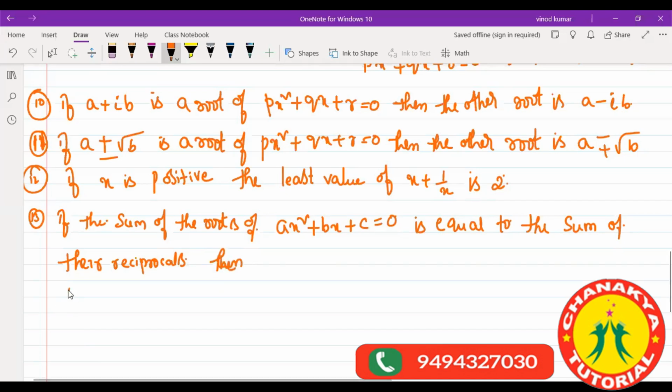The first condition is 2a square c equal to ab square plus bc square.